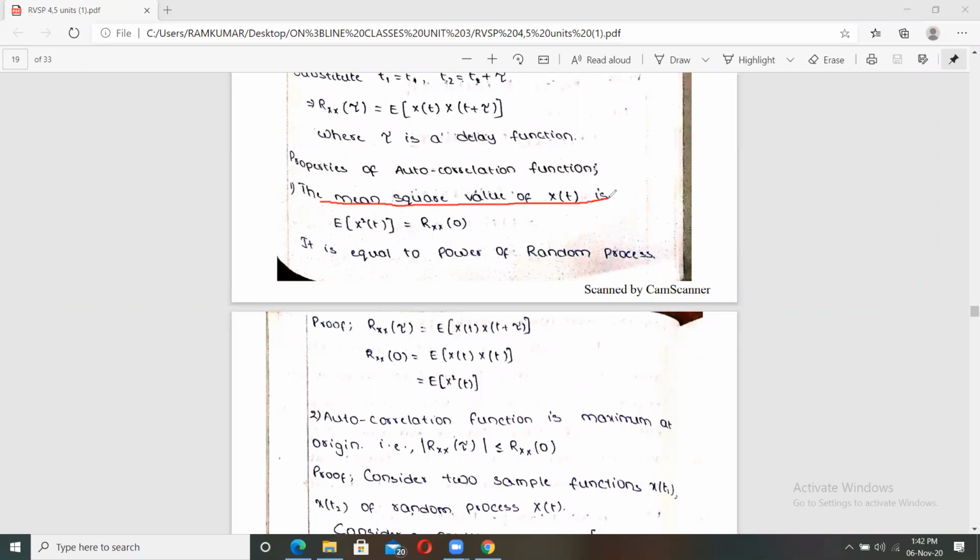E of x square is nothing but the mean square value of the random process x, right? Here it is E of x square of t, which is nothing but the mean square value of a random process x of t, which is equal to E of x square of t.